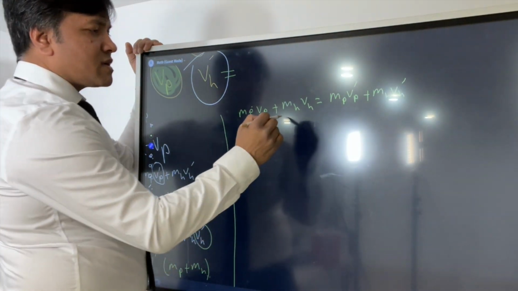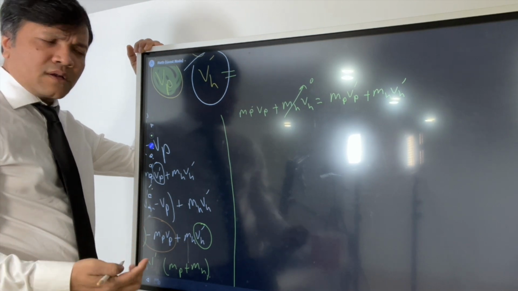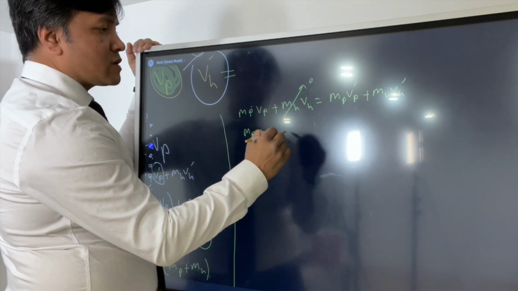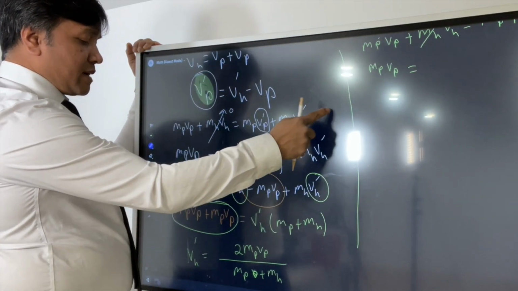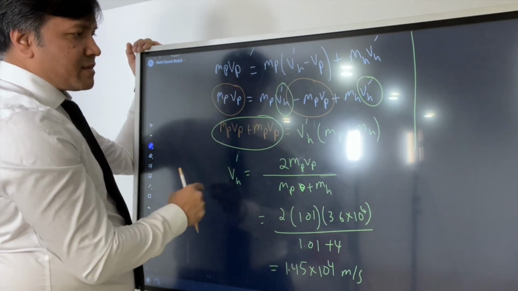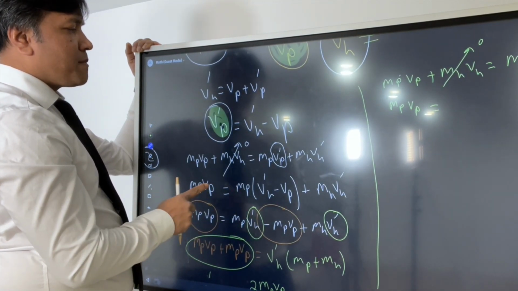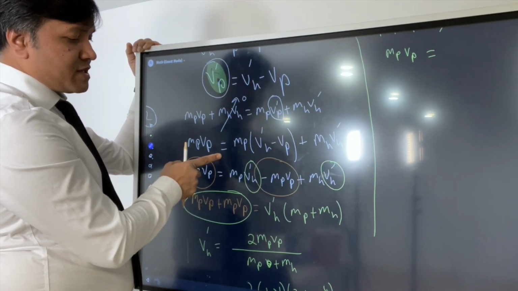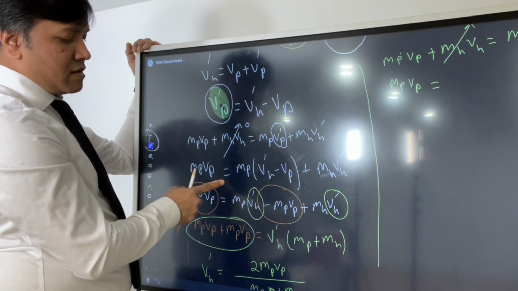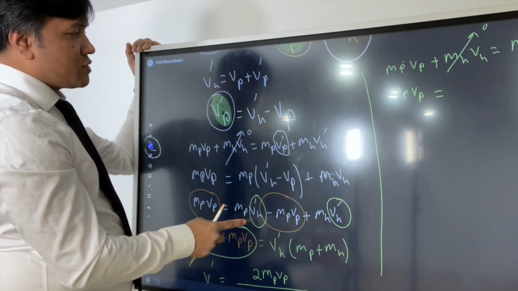Right, so this term is 0 because the helium is at rest before the collision. So MP VP is equal to, now as you see, I'm going to replace V prime H like last time.